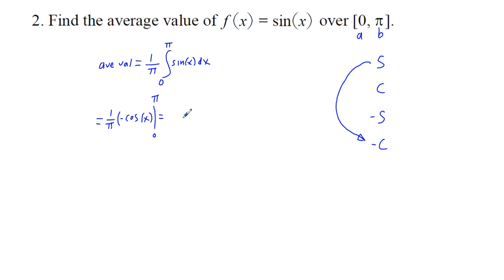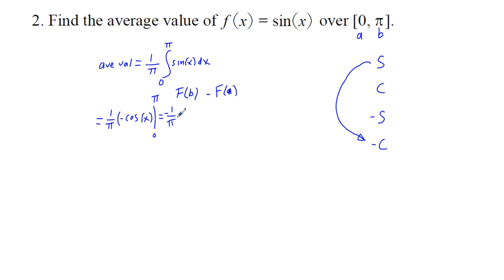And working to the right, we're just going to substitute in here 1 over pi, and again it's big F of b minus big F of a, fundamental theorem of calculus. And what I'm going to do with this negative cosine here, I'm going to put this negative sign out front. Okay?